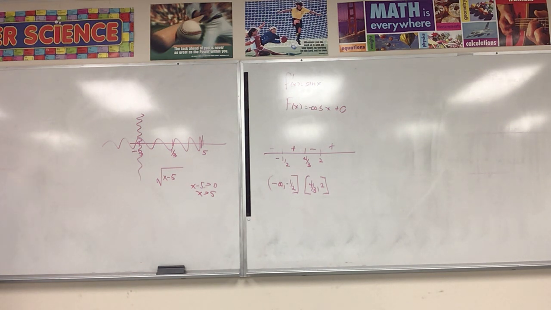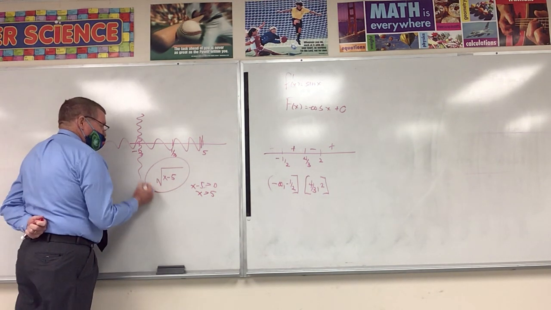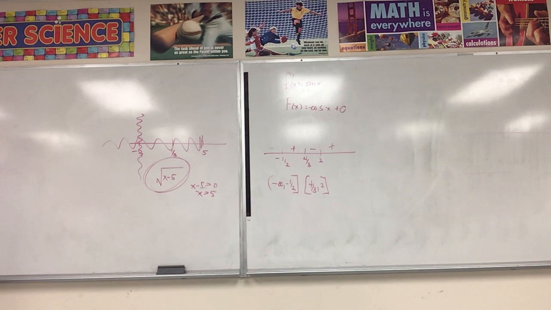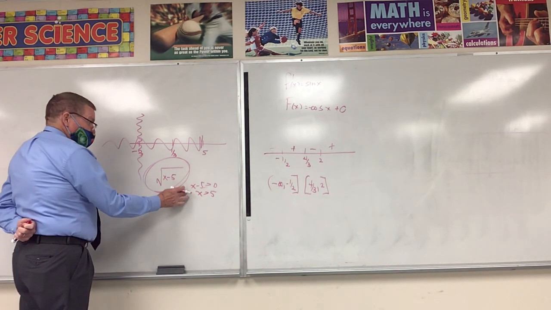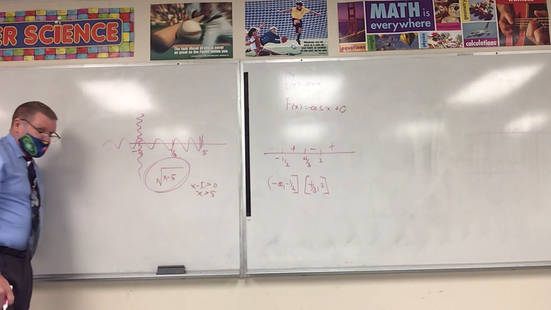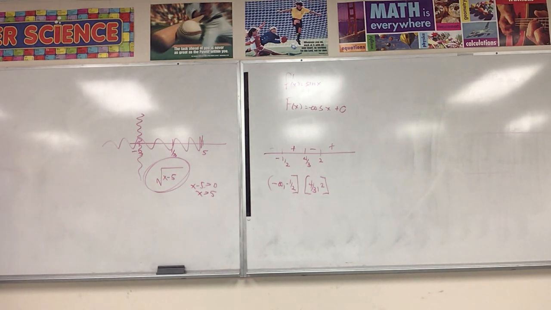Alright, going back to domains. Anything in the denominator cannot be zero. The square root of x minus 5, what's my domain? 5 or more. x minus 5 has to be greater than 0, because otherwise, if it's less than 0, can I take the square root of a negative?